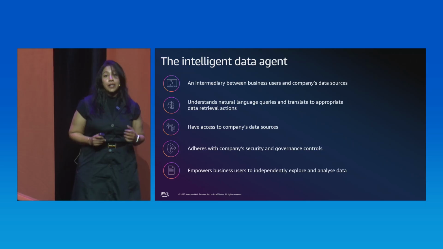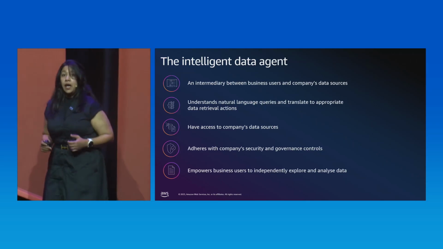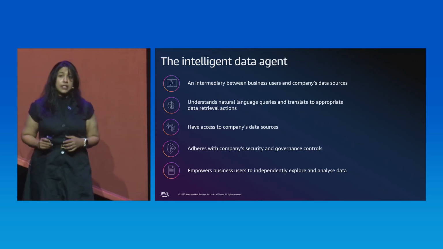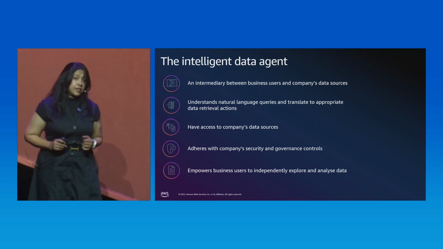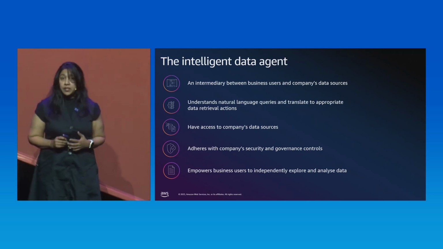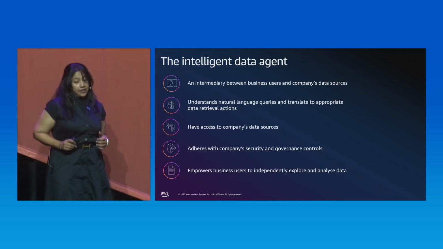It knows exactly what actions to take. It knows your data sources. And at the same time, it complies with the organization's data access policies and governance controls. It empowers the business users to independently explore data so that they can make data-driven decisions much faster.